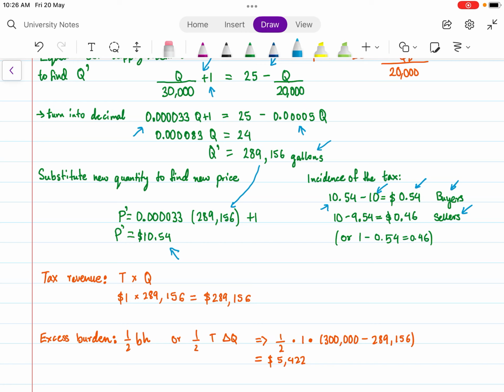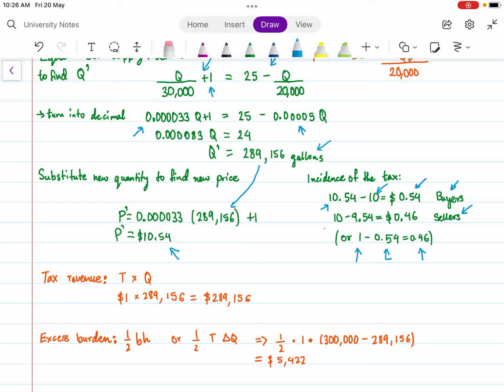For sellers, we can calculate by looking at the tax amount, which is $1, and then subtracting the burden for buyers, which is 0.54, and we get 0.46 or 46 cents.